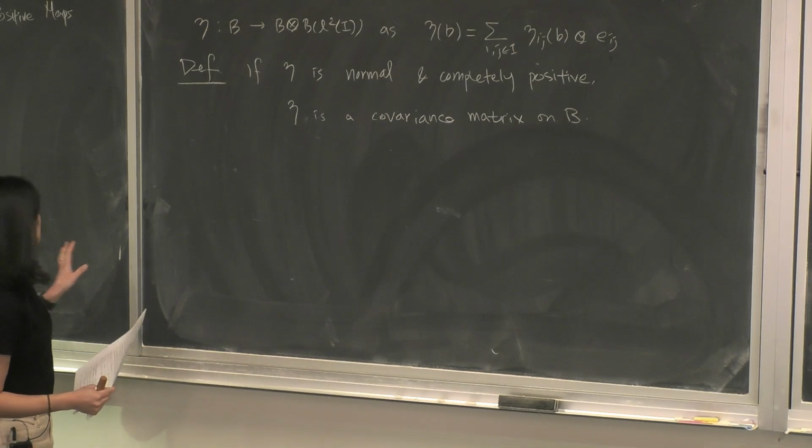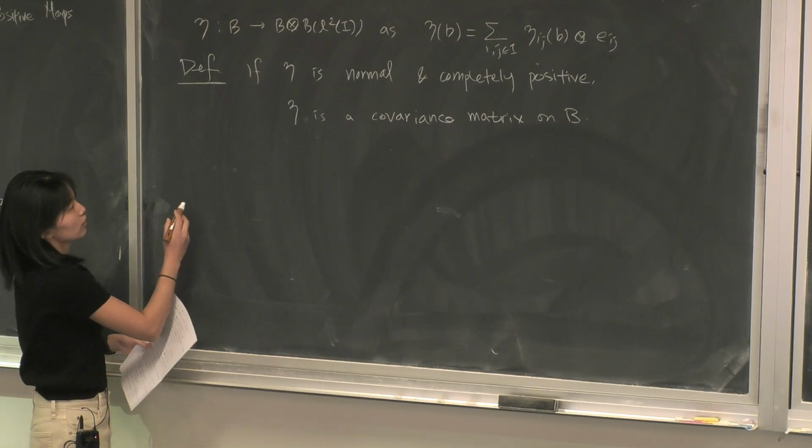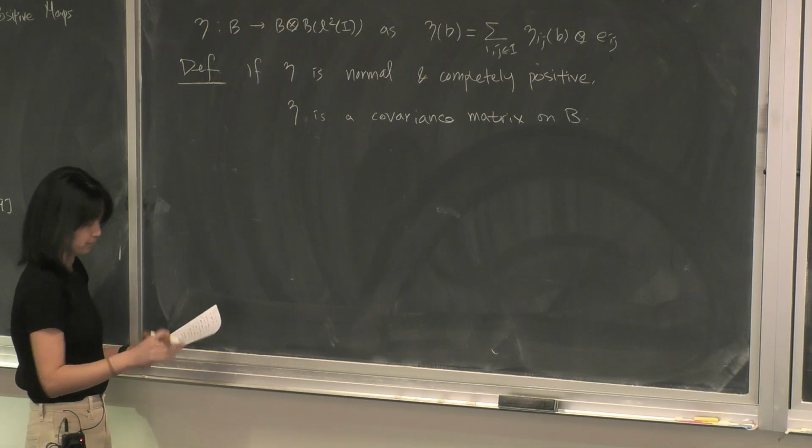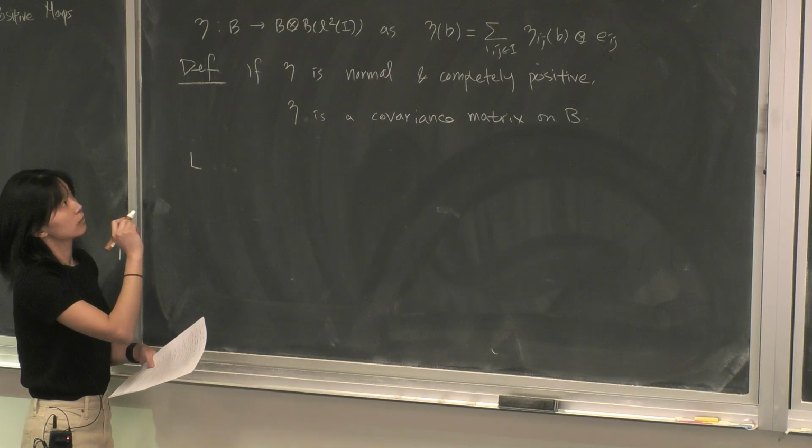One other result from this paper is that we can construct a von Neumann correspondence. Linear maps from B, just linear.